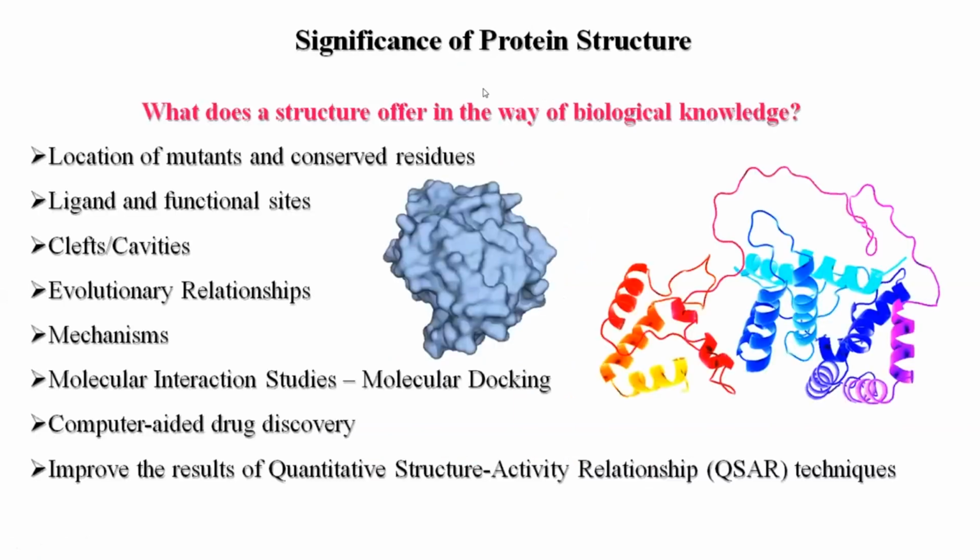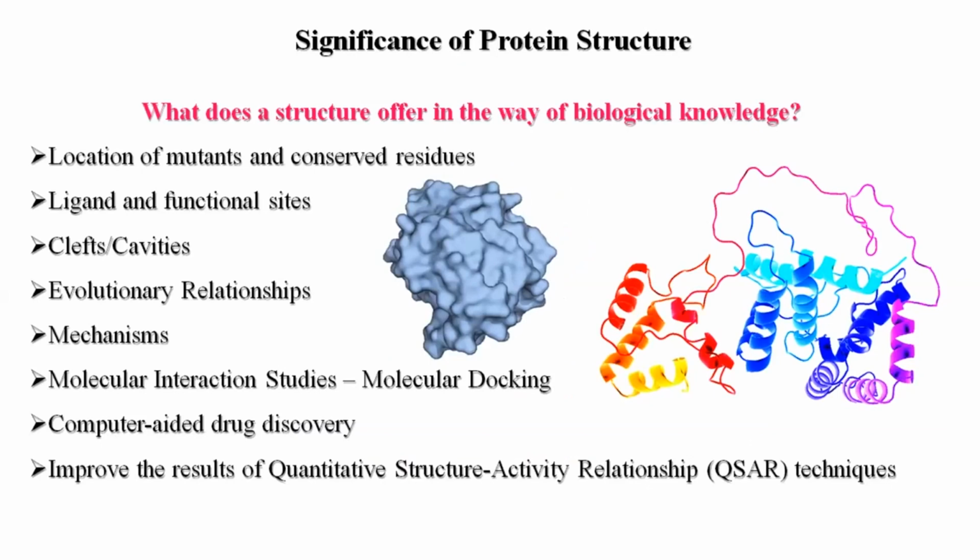Why are we going for this? What is the need for protein structure? What is the significance of the protein structure? We need protein structure because it defines the shape, complementarity, and geometry of the protein.